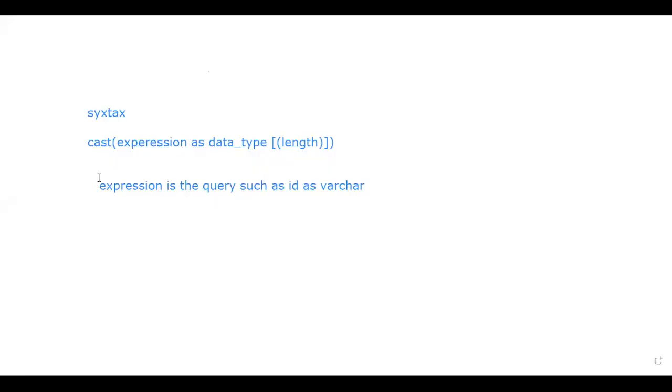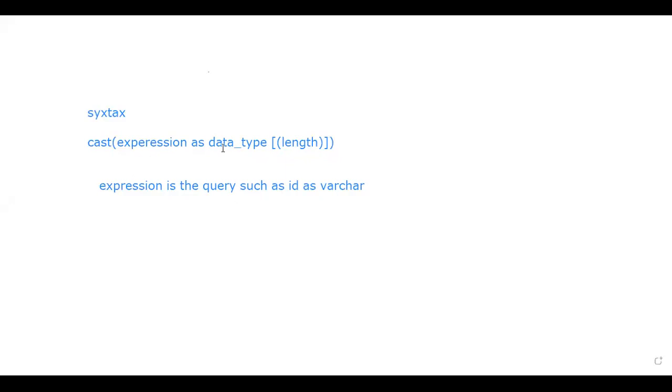So expression is the query such as the ID column, and the data type is the target data type. Now let us come to the length. Length determines the length of the target data type. This part is optional.